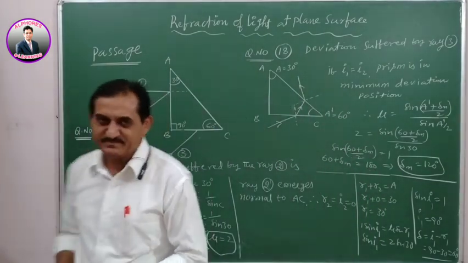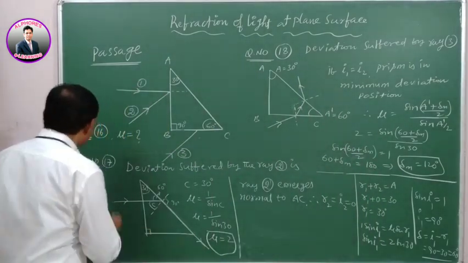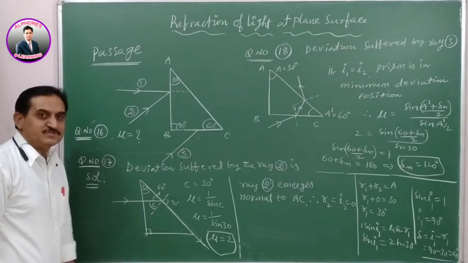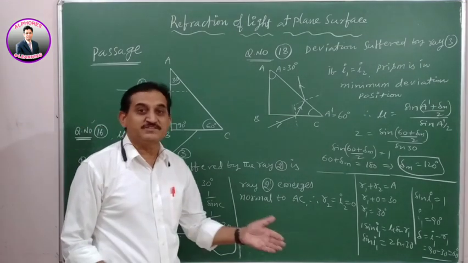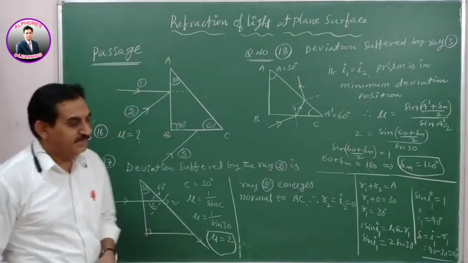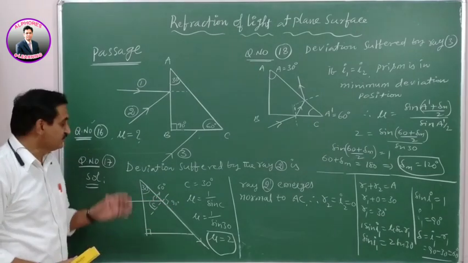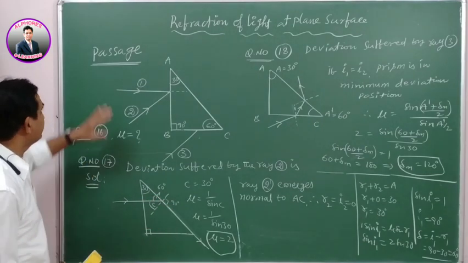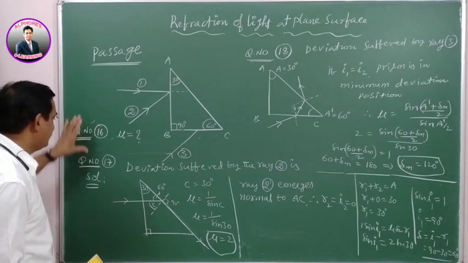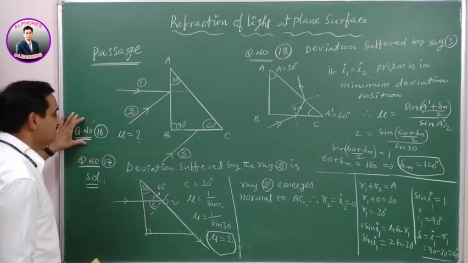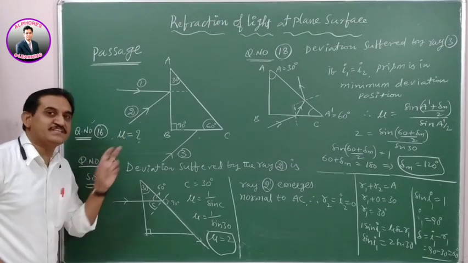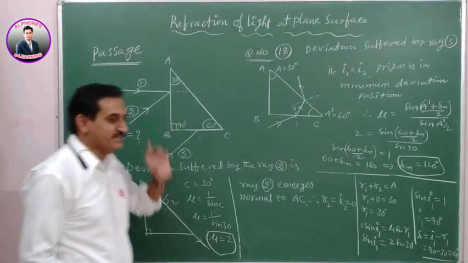Then the questions. Question number 1, that is the 16th one, because we finished up to the 15th question in the previous video. Now we started with 16. Even if it is a passage, there are 3 questions in it, but this is the 16th one. What is the value of refractive index of the prism?